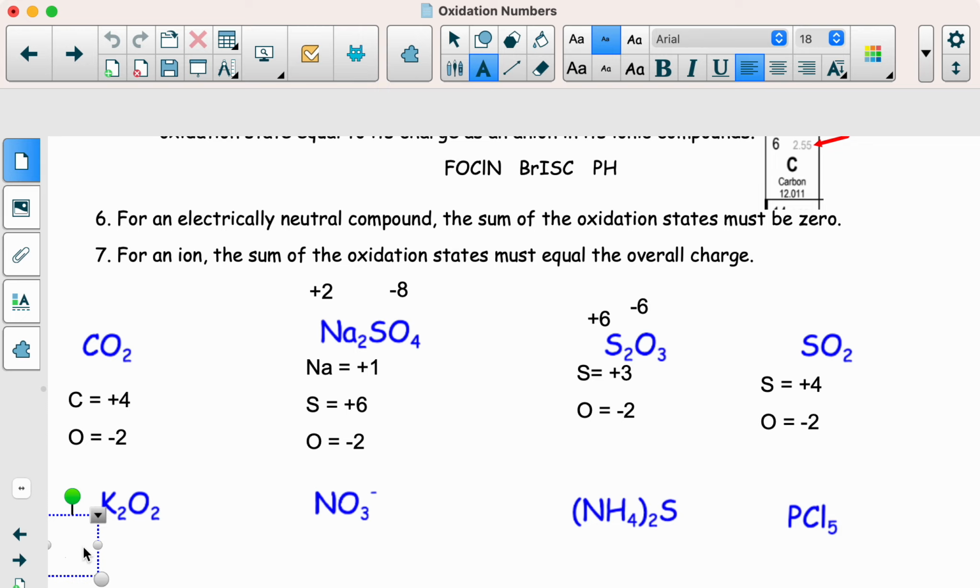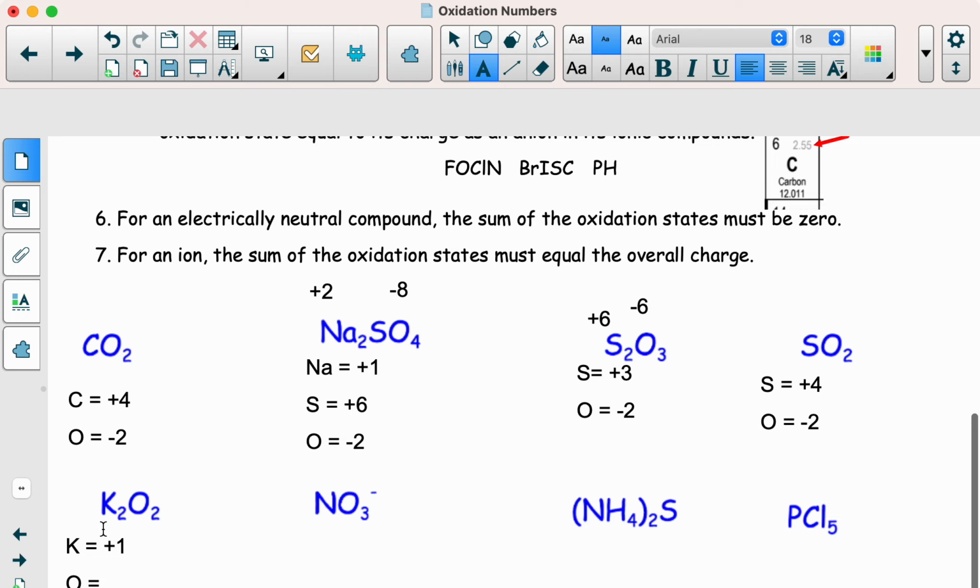Our next one, we have potassium. This is an ionic compound with a metal and a nonmetal. And in its ionic compounds, we know that potassium has to be a +1. And here's a situation where, for the first time, we have to deal with oxygen in a different possibility.